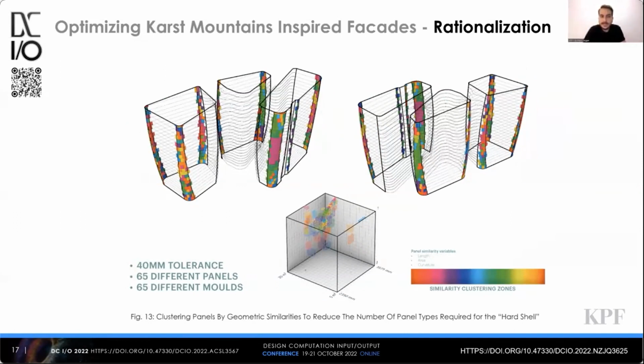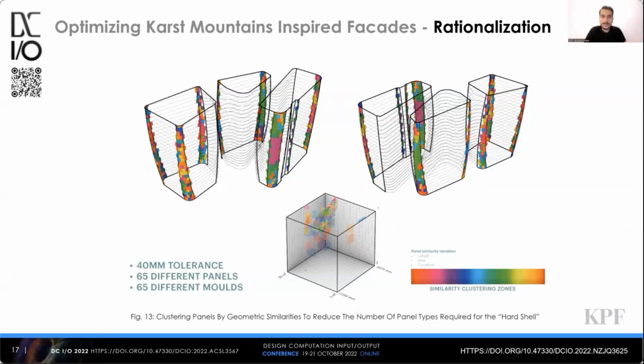This tolerance gave us the capability to cluster all these panels into different molds, and we mainly used machine learning algorithms while doing so. The basic script that we were using was k-means clustering from Nathan Miller's Lunchbox plugin in Grasshopper. The components were really helpful in the process.